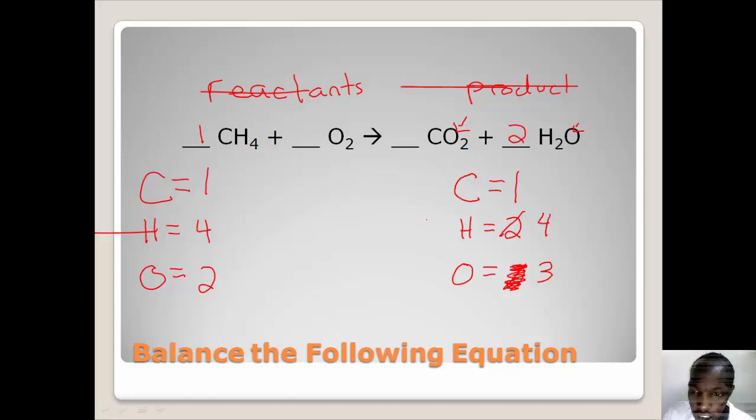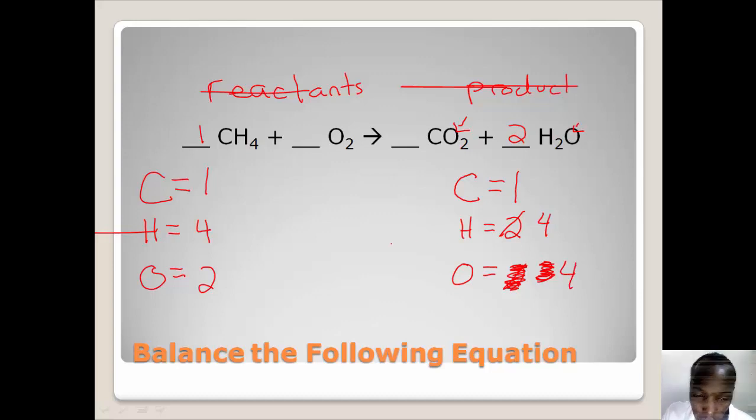Now our oxygens. Remember, now that you have changed this to a 2, this oxygen is no longer 1. It is now 2, I apologize. So now let's count our oxygen. You have 2 here, and you have 2 here. That gives us 4.